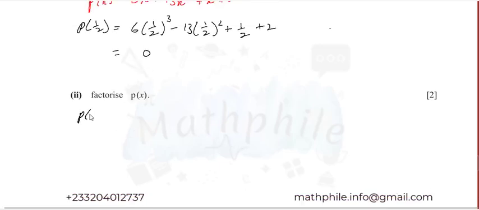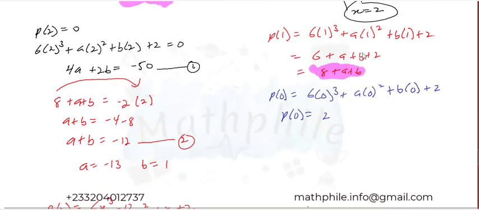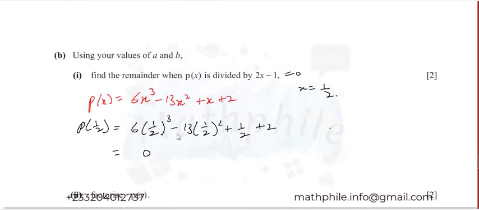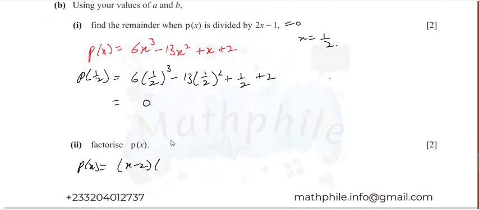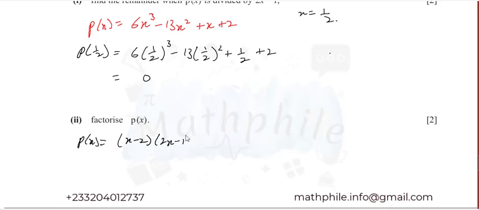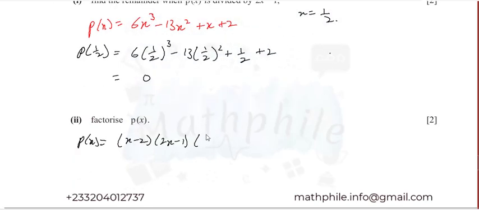We now know that p of x is, the first factor was x minus 2. Yeah, x minus 2. And the second factor is now 2x minus 1. And we don't know this, so we can say that this is going to be ax plus b.